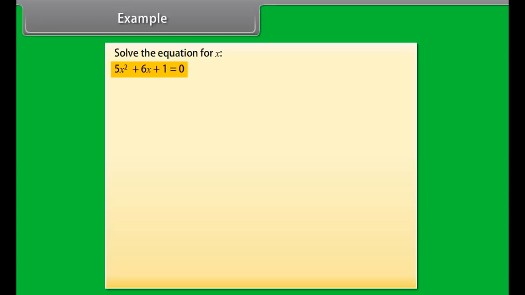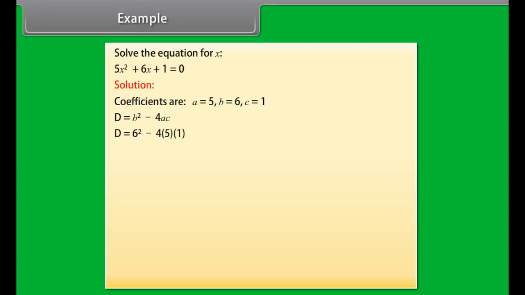Example: solve the equation for x. 5x² + 6x + 1 = 0. Solution: coefficients are a = 5, b = 6, c = 1. D = b² − 4ac.